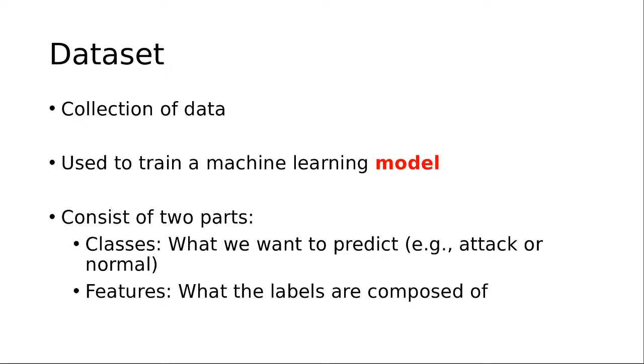For example, if we want to build a cybersecurity model to detect whether a given set of features is an attack or normal, then the classes in this context are going to be attack, if it is an attack, or normal. And in addition to that, we also have features. So the features are what the labels or the classes consist of. So what do I mean by that?